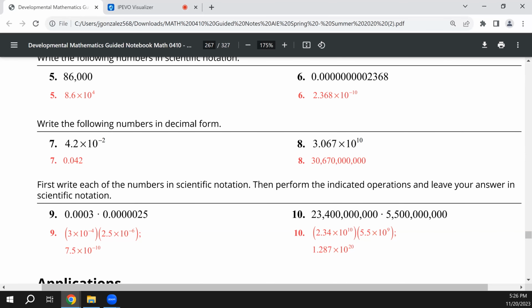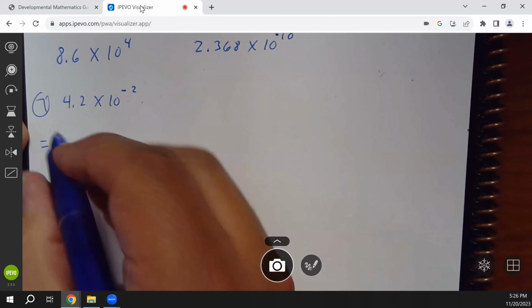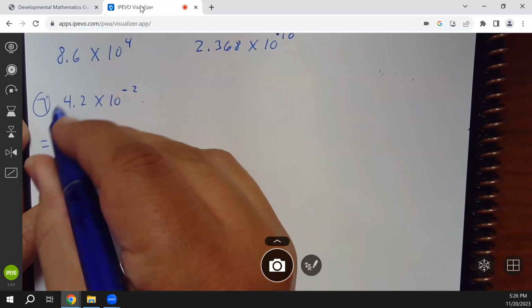Pick number 7. Negative 2. So you can move the decimal place from right there 2 to the left. That's all the numbers. 4.2 times 10 to the negative 2 is going to be... You see how there's nothing to move it to?